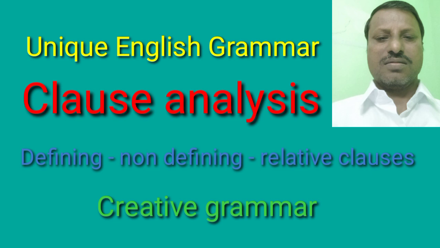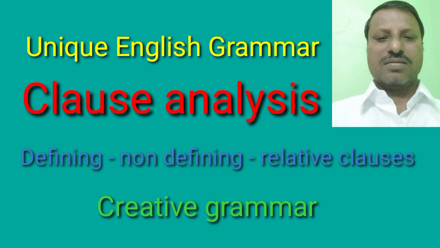And next, relative clauses. Relative clauses are of two types: defining relative clause and non-defining relative clause. First of all, what is a relative clause? A relative clause is a group of words with a subject and a predicate.